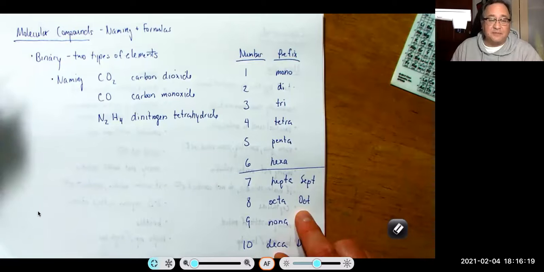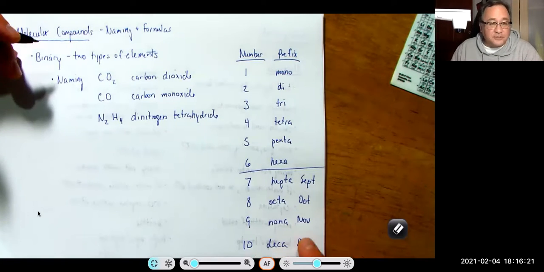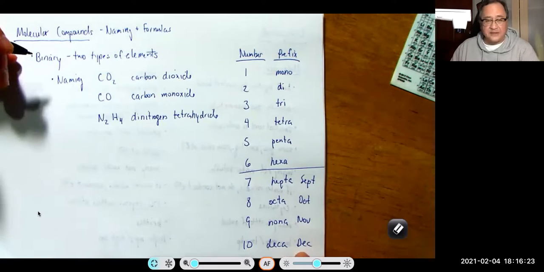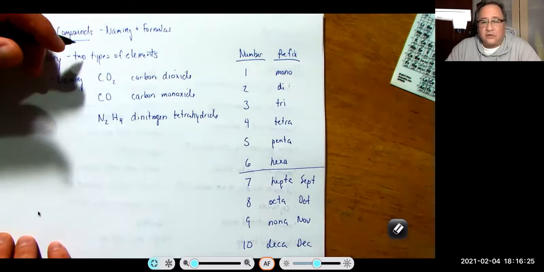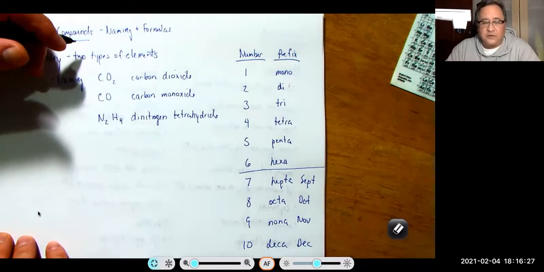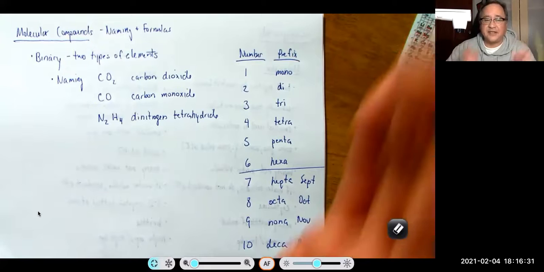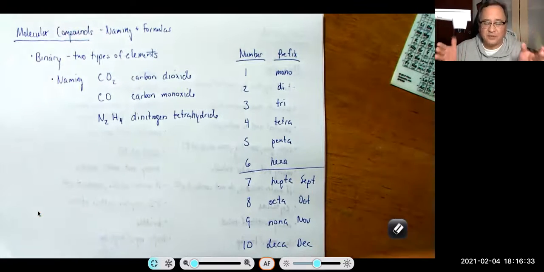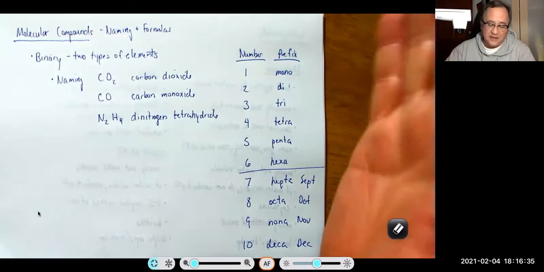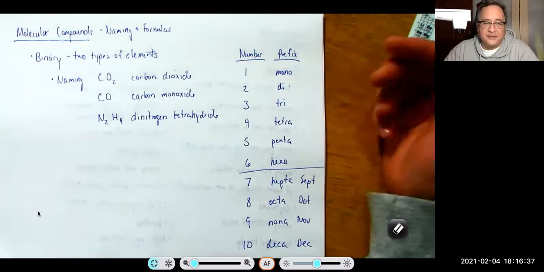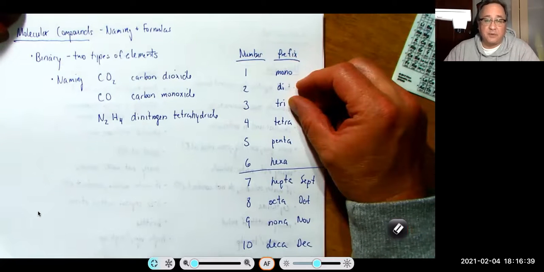October used to be the 8th month. November used to be the 9th, and December used to be the 10th month, except there was also winter, an indeterminate amount of time. And someone said, this is baloney. We need to have winter be a precise amount of time. Let's invent a couple of months. So they invented January and February.